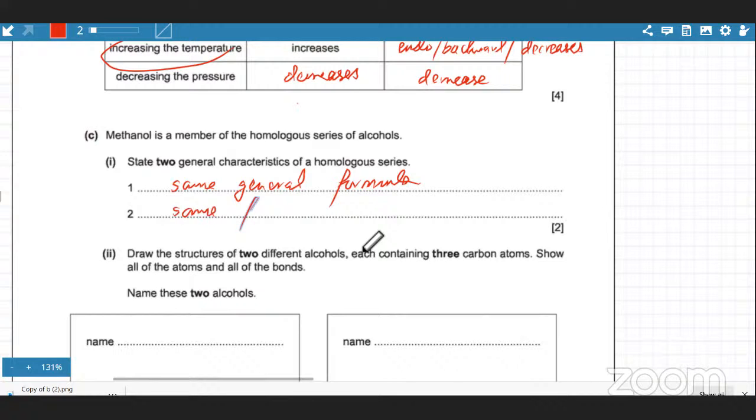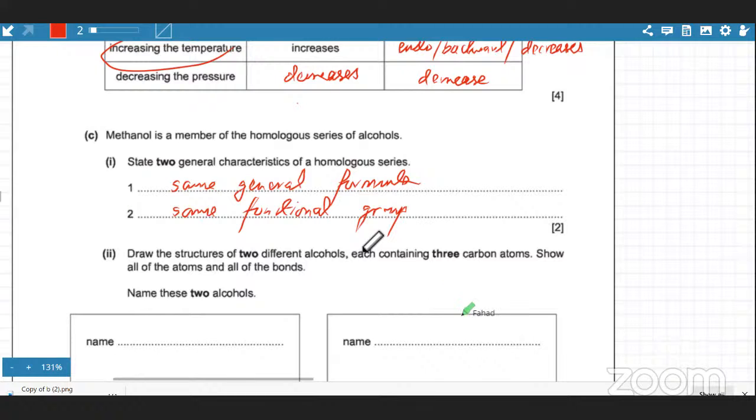Like all alkenes are going to have the carbon double bond carbon. All alcohols are going to have the OH group. So the functional groups are the same as well.